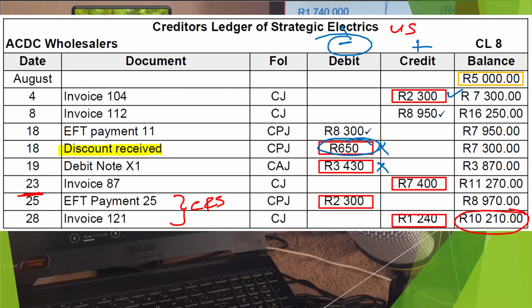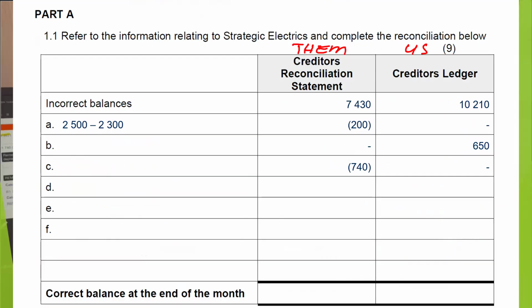So we are wrong. We have to take what they give us because a credit note from their side will override our debit note. So what we need to do is that we over-subtracted by 3,430. We were supposed to only subtract 2,100. So here the mistake was on our side, so we will correct the creditor's ledger.